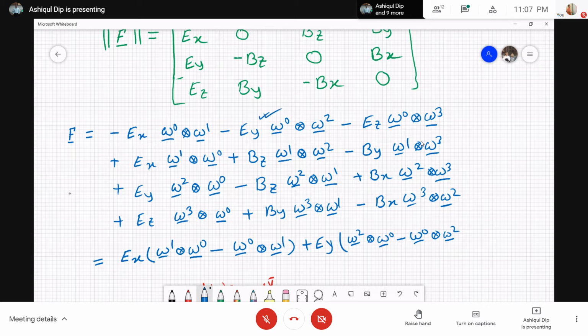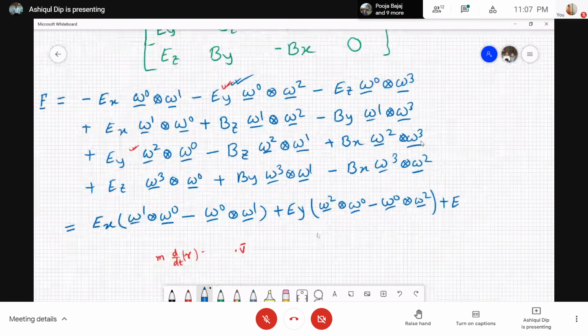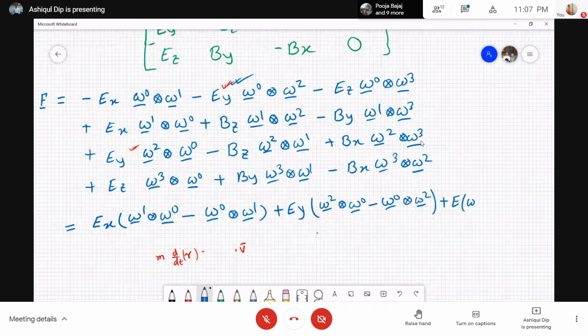Then plus Ez: omega 3 times omega 0 minus omega 0 times omega 3.